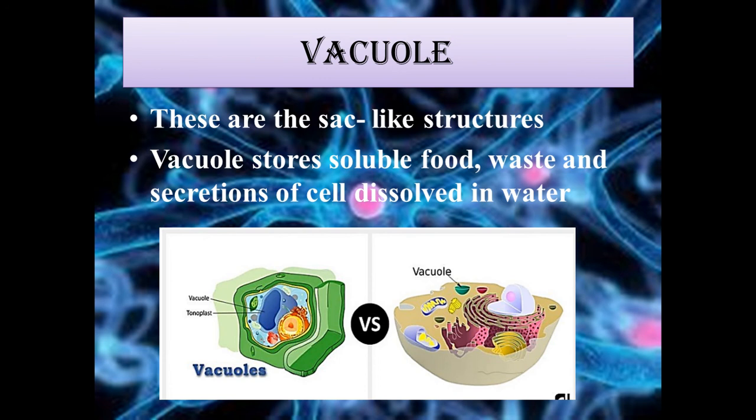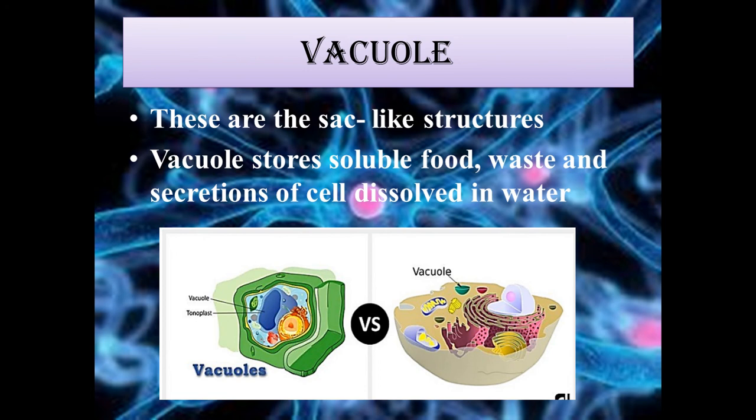The vacuole stores soluble food, waste and secretions of the cell dissolved in water. So these are the various parts of the cell: first the cell membrane, second the cytoplasm, third the nucleus, fourth the plastids, and fifth the vacuole. Hope the various parts of the cell are clear to you.